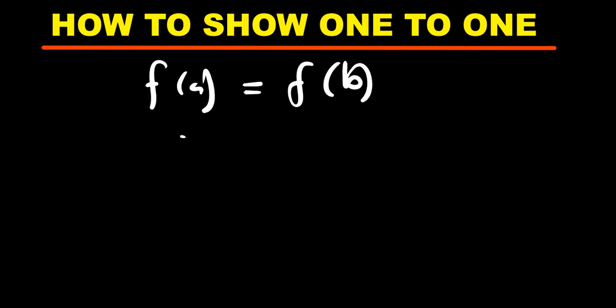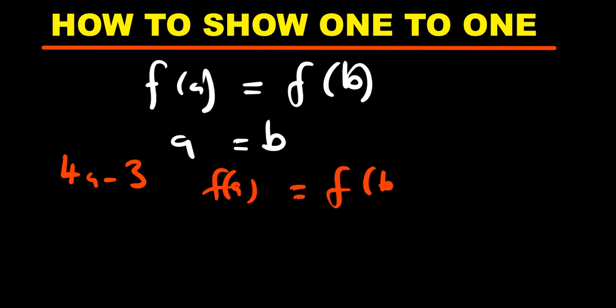Now you also have to know how to show whether a function is one-to-one. If you're given a function, then in this case your f of a should be equal to f of b, or your a should be equal to b. Let's say you're given a scenario where you're trying to show if this is one-to-one. What are you going to do? You are going to say your f of a should be equal to your f of b. So f of a in this case, let me say this is x, wherever there is x, you're going to replace it by a.